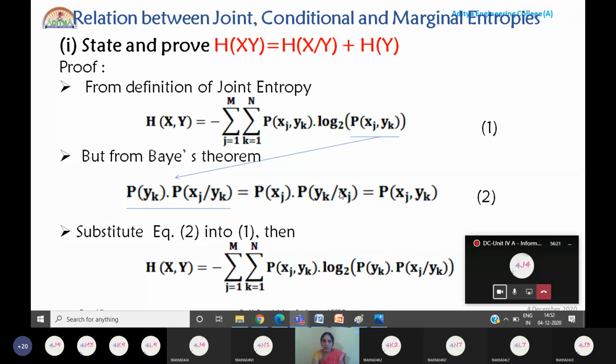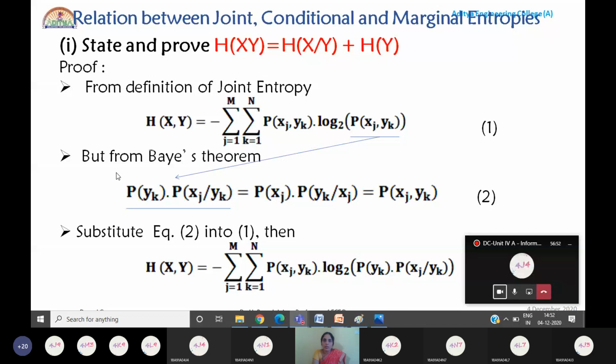That is, p of xj comma yk is p of xj into p of yk by xj, or you can also equate it to p of yk into p of xj by yk. Just replace p of xj comma yk as p of yk into p of xj by yk. Why only this? Why not p of xj into p of yk by xj?